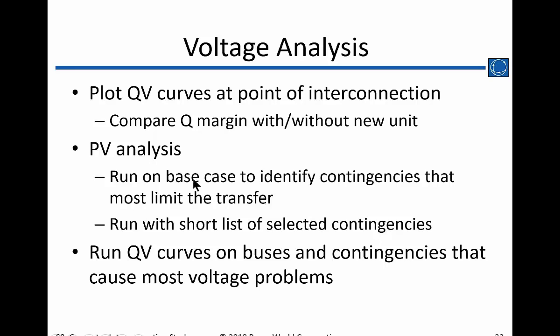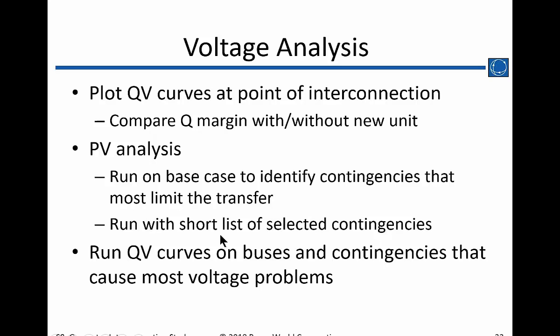The technique that we'll use here is we'll run out the PV analysis on the base case to see where it collapses, and then we'll back off the transfer a little bit from that point so that it's still stable, but only marginally stable, such that if we run a bunch of contingencies, we might expect the most severe ones to not solve. And then that'll give us contingencies that could be the most limiting to the transfer.